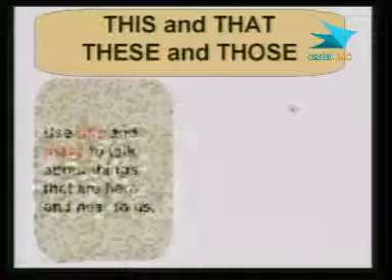And that is used for something that is not near. And they are for singular. These and those for plural. These for things near to us, and those for things that are not near.